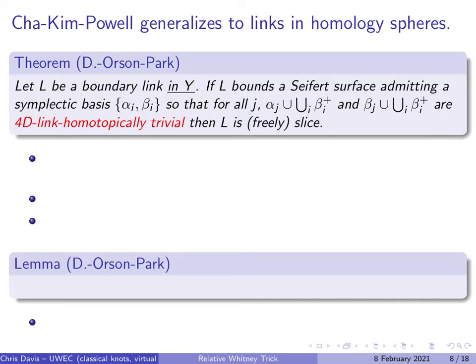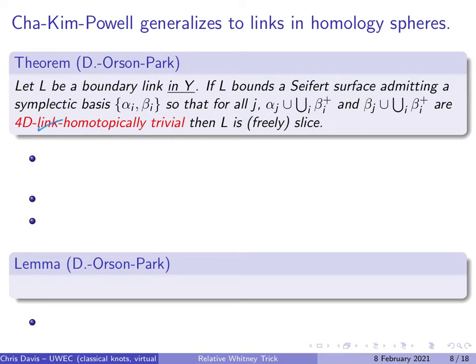Let L be any boundary link in a homology sphere Y. If that link L bounds a Seifert surface, again, just a disjoint union of a bunch of oriented embedded surfaces in Y, bounded by the components of L, which admits a symplectic basis, so that for every J, this G plus 1 component link and that G plus 1 component link are both 4D link homotopically trivial.